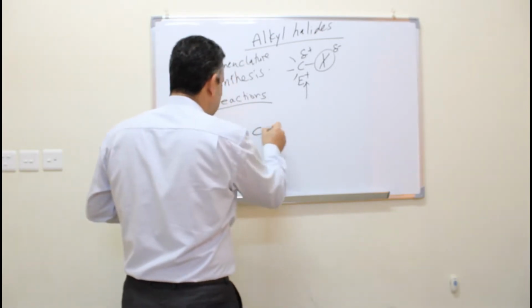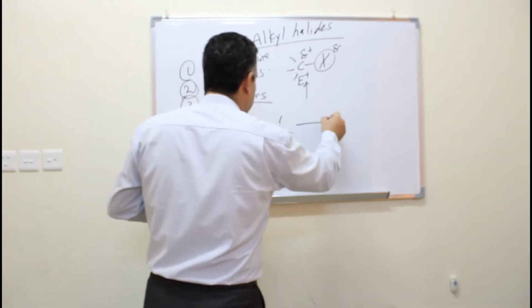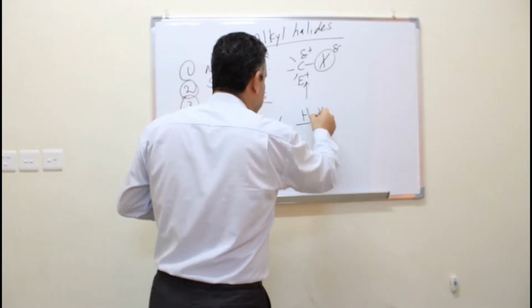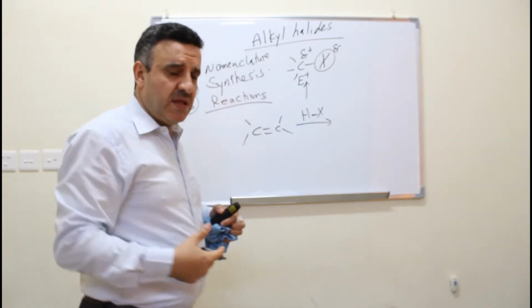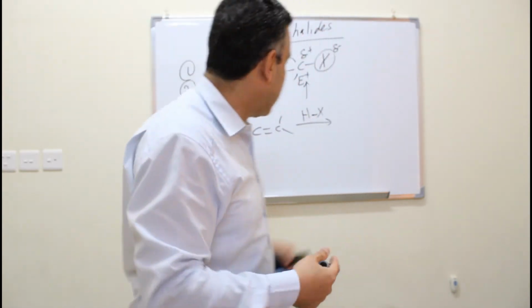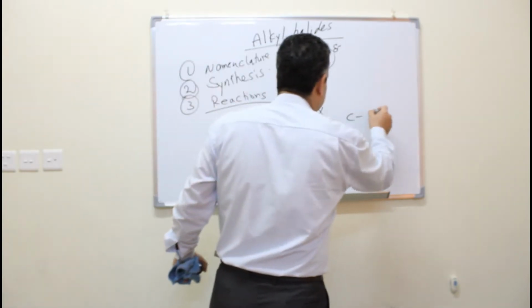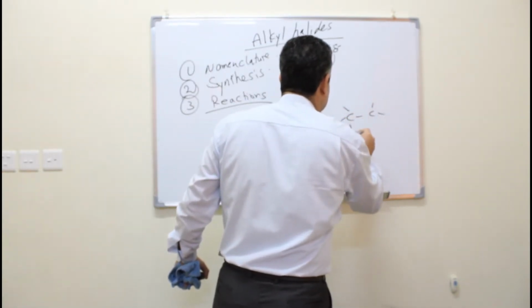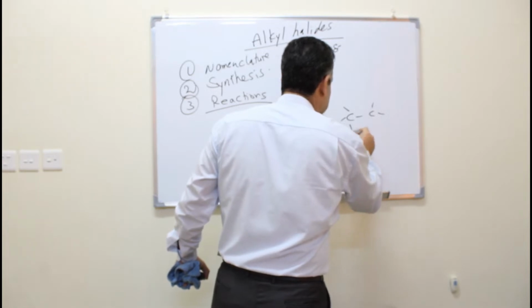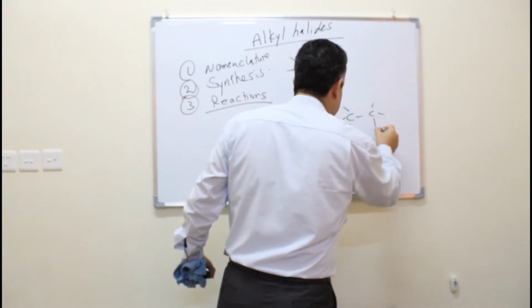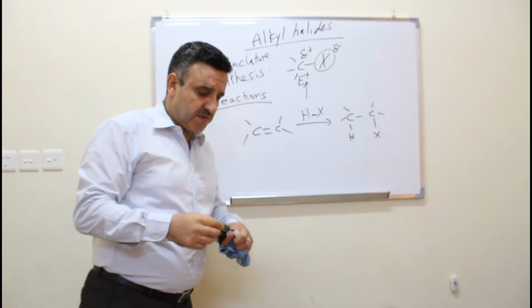Any alkene, when we allow it to react with any HX, where X can be chlorine, bromine, or iodine, will undergo an addition reaction where hydrogen adds to one carbon and the X adds to the other carbon.